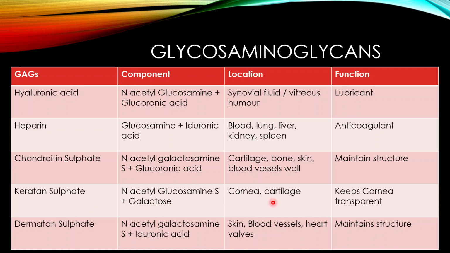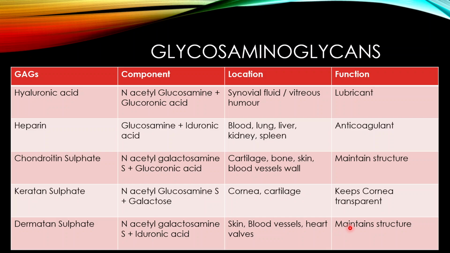It is present in cornea and cartilage, and in the cornea it is one of the ways by which the cornea is kept transparent. If the cornea is not transparent, then we will go blind. Next is dermatan sulfate, which is made up of N-acetyl galactosamine sulfate and iduronic acid, and it maintains various structures.